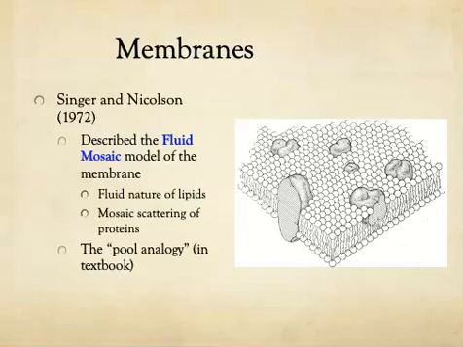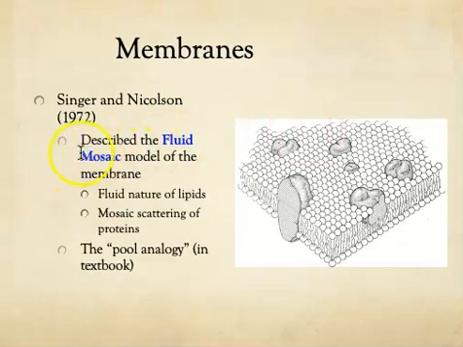Remember, those words, fluid and mosaic, refer to features of the membrane. The fluid term refers to the fact that within a monolayer, the phospholipids are actually moving around. The proteins are actually moving around. They're not staying in the same place.